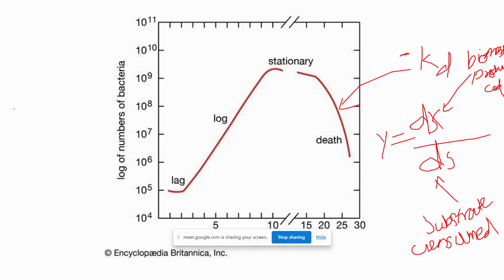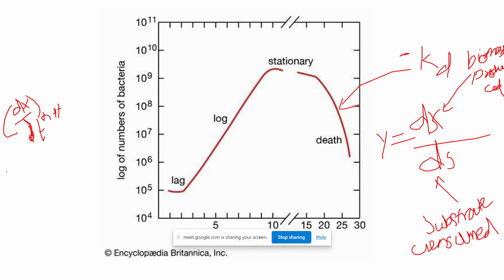You have to find dx by dt. This is dx by dt net, that is the net rate of growth of biomass.